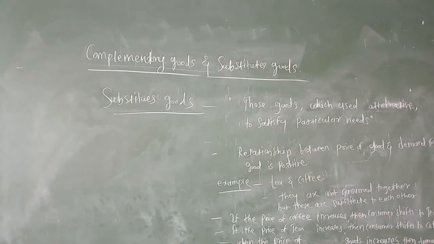Means here the price of the good increases, the demand for the substitute good also increases. Means if the price of coffee increases, the consumer demands the tea, means the demand for tea also increases. And if the price of tea increases, the consumer shifts to the coffee, means the consumer demands the coffee.